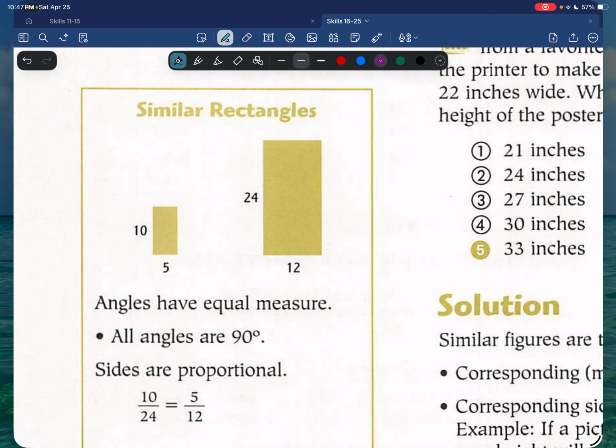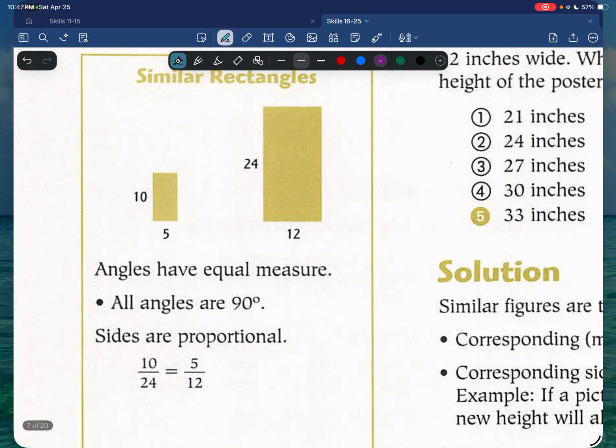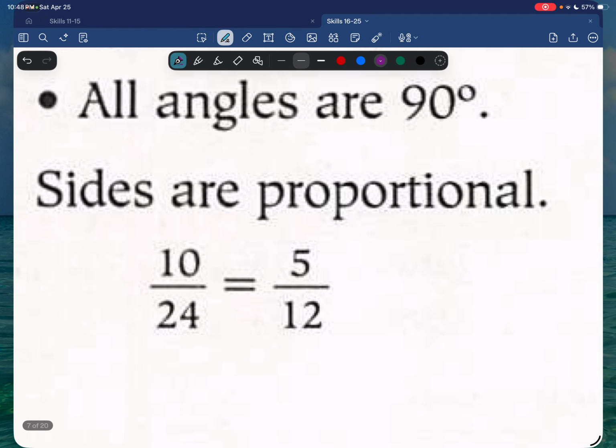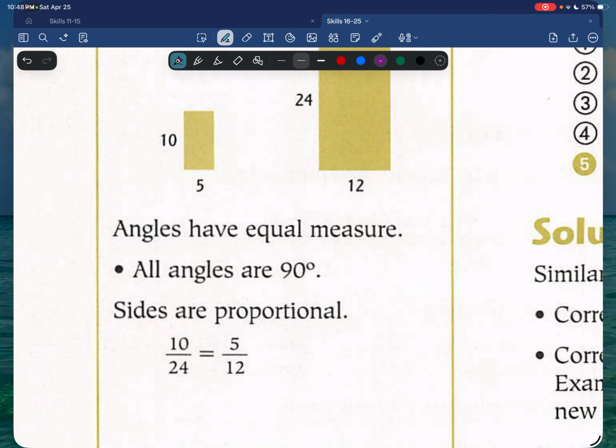The angles have to match, and in this case, they're all 90, and the sides have to be proportional. So let's talk about what that means. How do I know that sides are proportional? How can I tell if this is really a baby to that mama? Okay, so let me think about this.